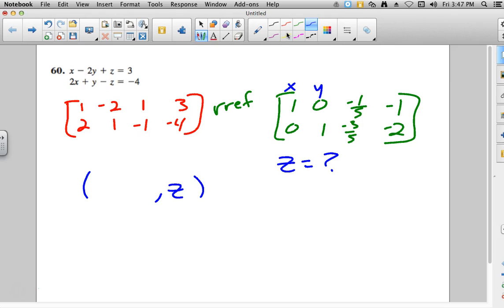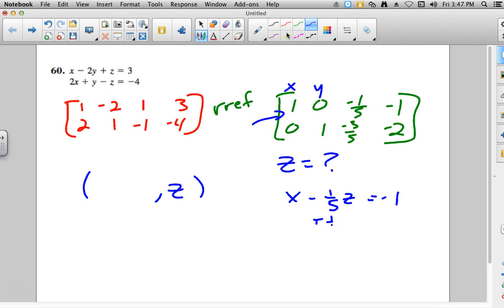And then what we can do is take what we do know from our reduced row echelon form, which is X minus 1/5 Z equals negative 1, and we can solve that for X. So at least we can put things in terms of Z into our ordered triple, so that once we get Z, we'll have a formula that's all ready for it.